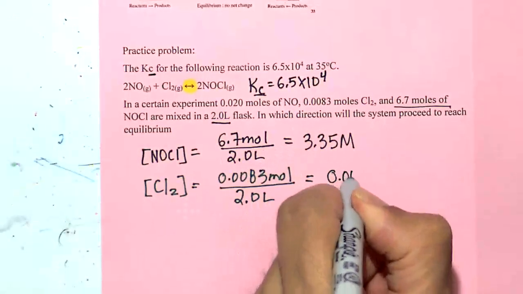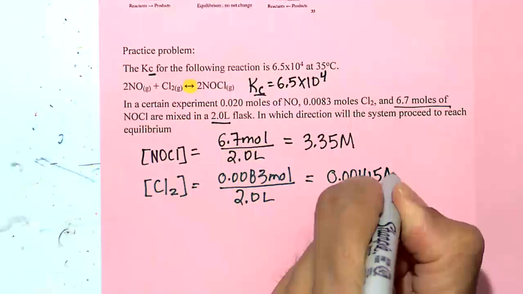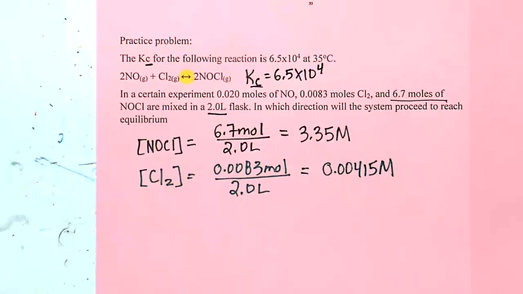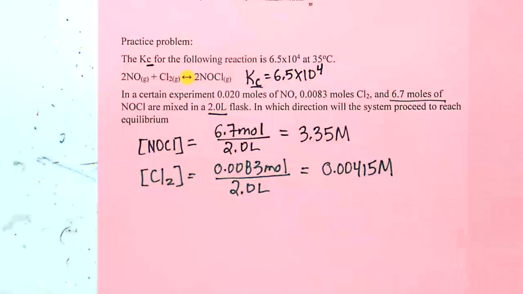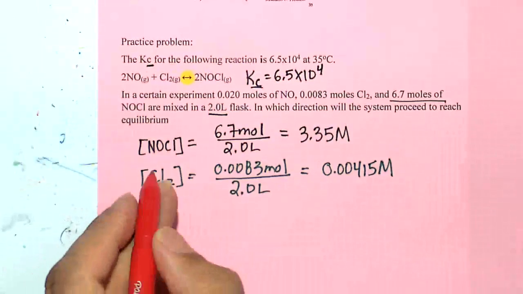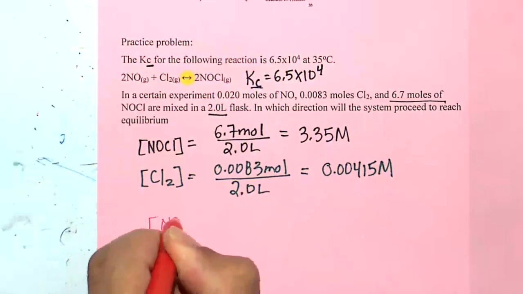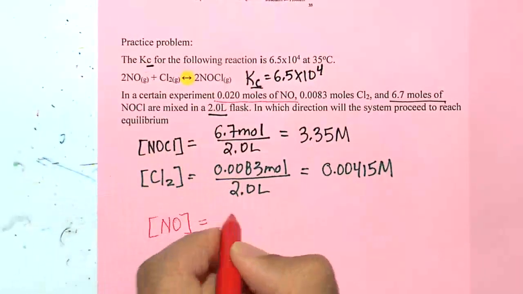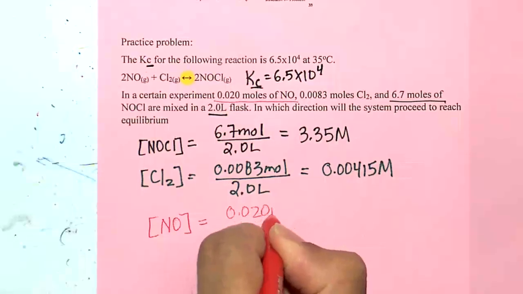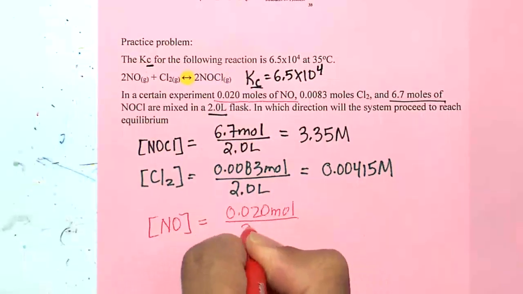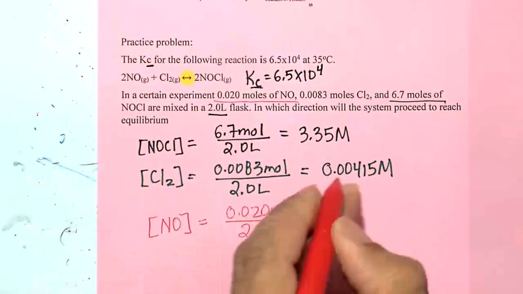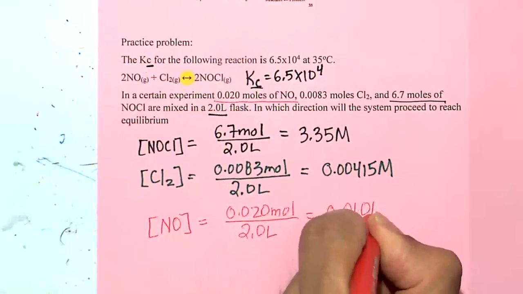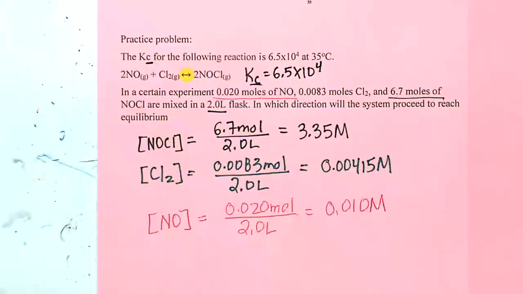That's 0.00415. Am I correct? I hope I'm doing my math right. And then we have NO, nitrogen monoxide. This is 0.020 moles divided by 2 liters, and this is 0.010 molar.